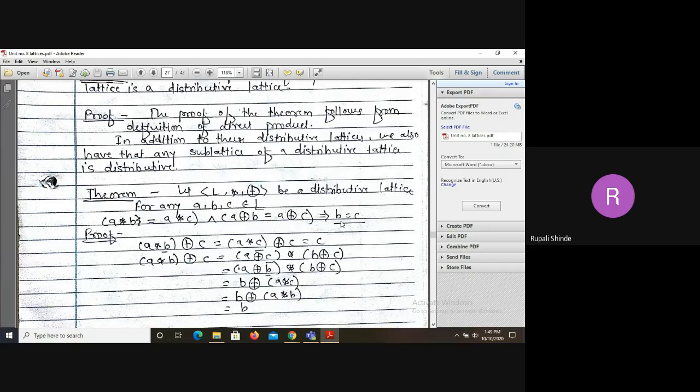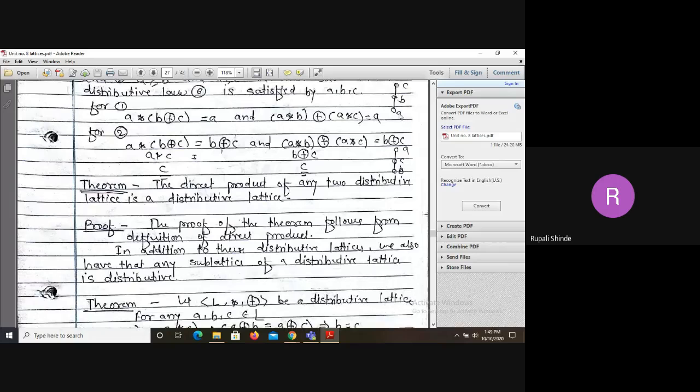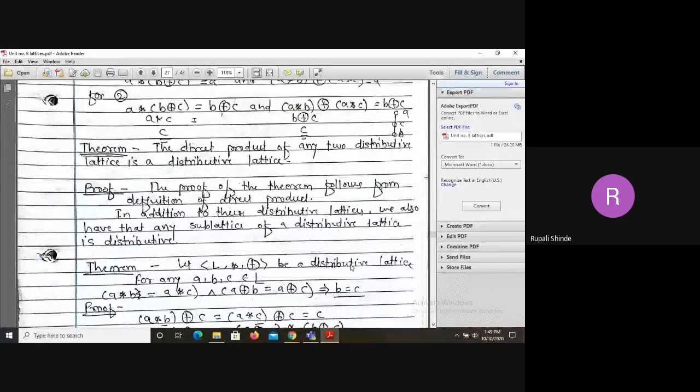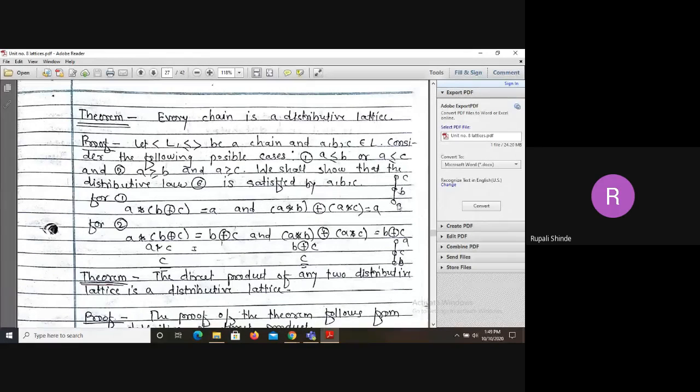They said that B is equals to C. That's why C is replaced by B. Now find value for A star B. A star B. That is greatest lower bound of A and B. It is A. Okay. And B XOR A. B. Okay.